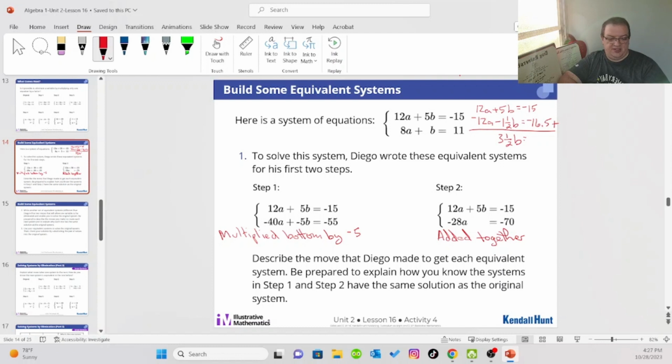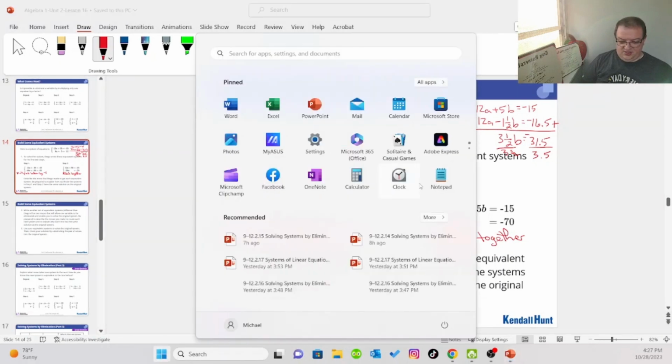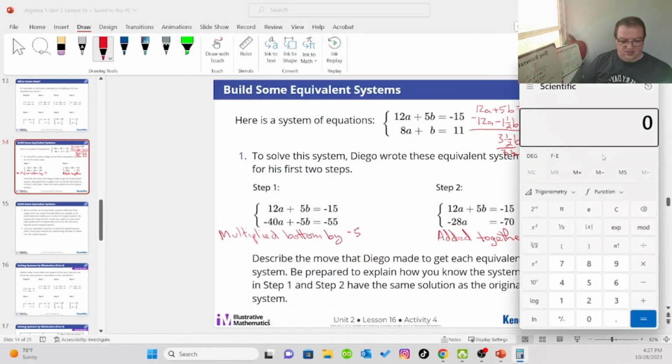-15 minus 16.5 would give me -31.5. Now I would divide both sides by 3.5. And we would find out -31.5 divided by 3.5 equals -9.